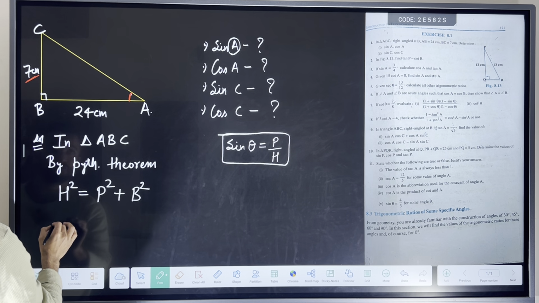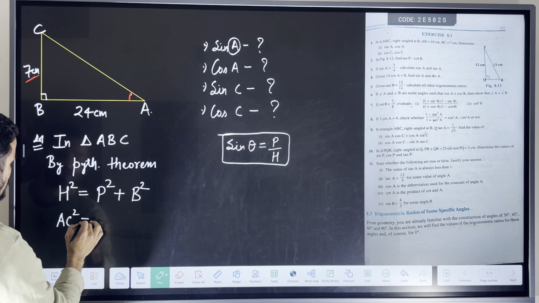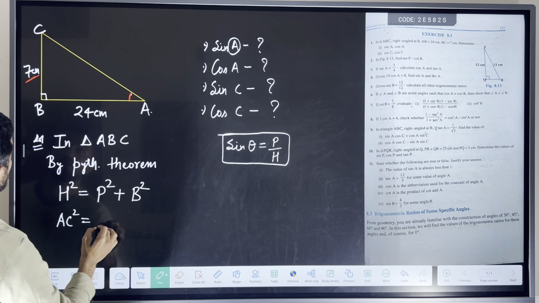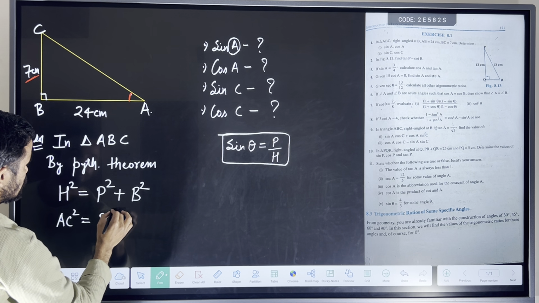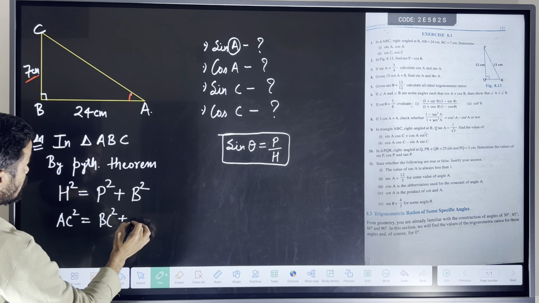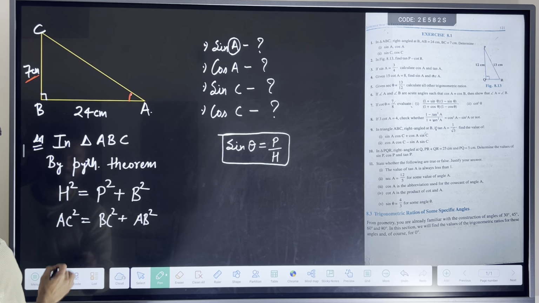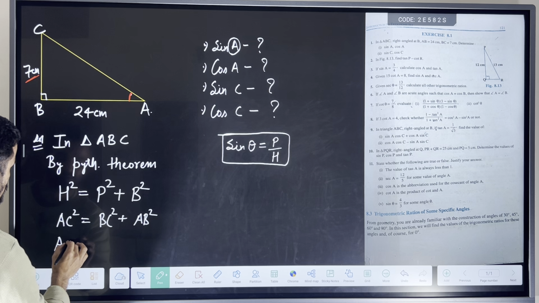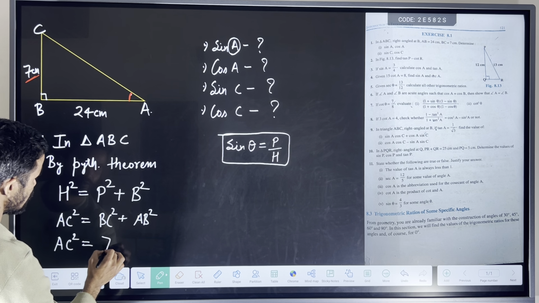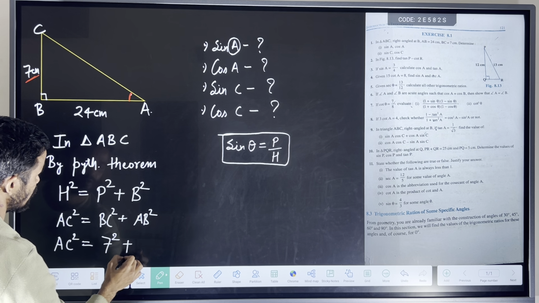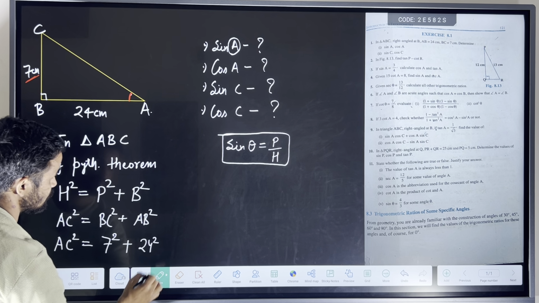Now here we need to find the hypotenuse. AC square is equal to perpendicular, that is BC square, plus AB square. Now AC square is equal to the value of BC, that is 7 square, plus AB, that is 24 square.